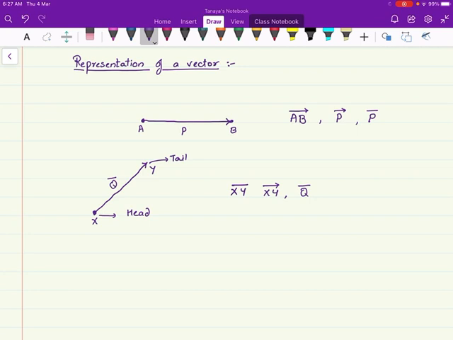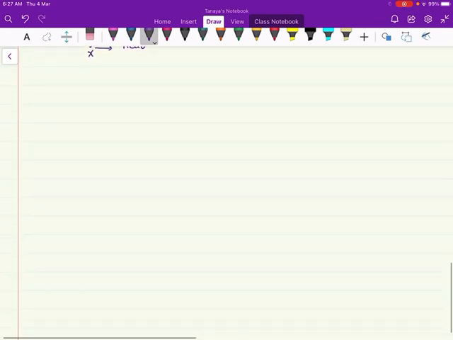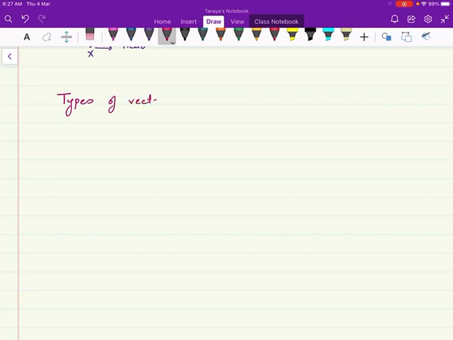Now let's see different types of vectors. The first and foremost thing we will see is the position vector. What is a position vector?